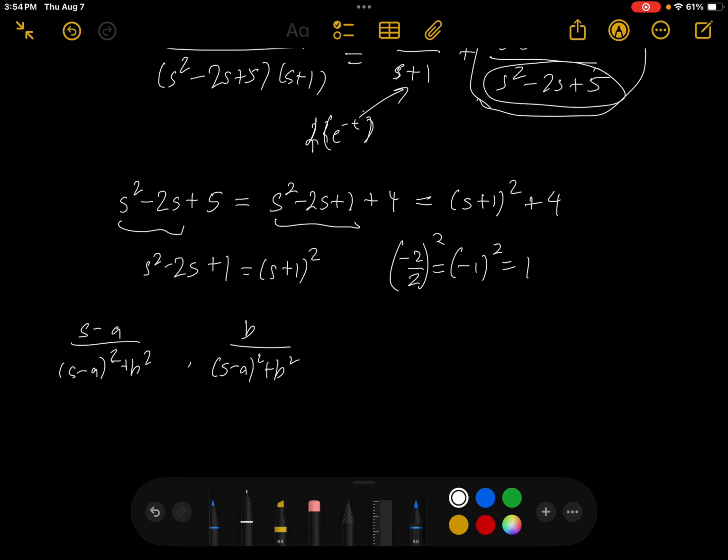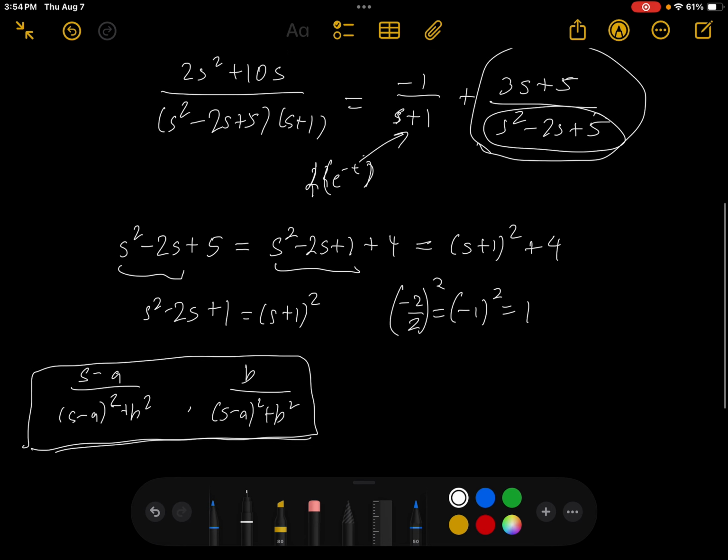I know how to find the inverse Laplace transform of those things from the table. So I'm trying to make terms that look like these expressions. Right now, I don't have that.